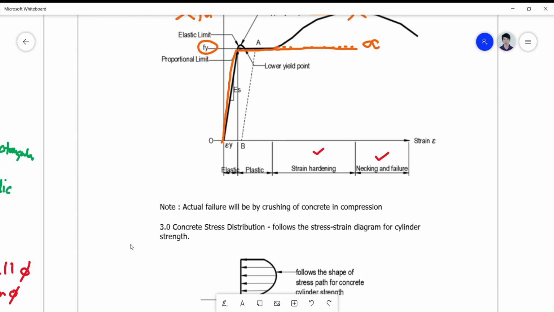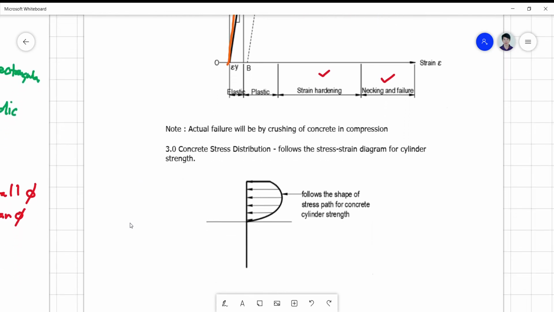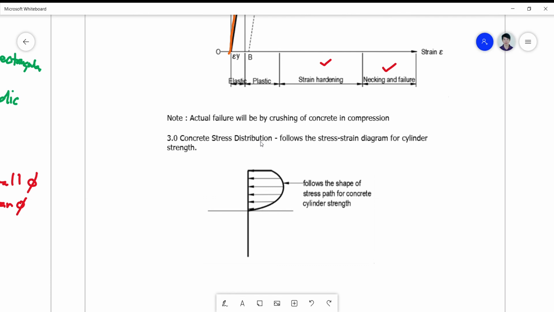Okay, for the third assumption, take note that the concrete stress distribution will simply follow the stress strain diagram when you test a cylinder at the lab.